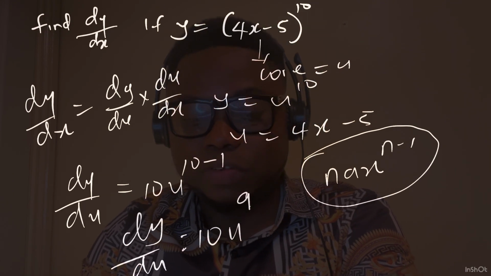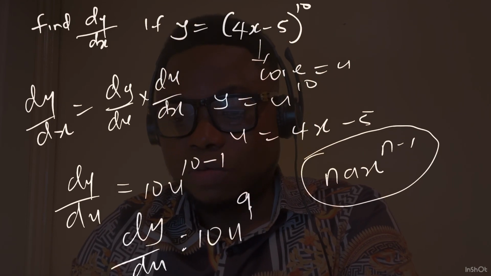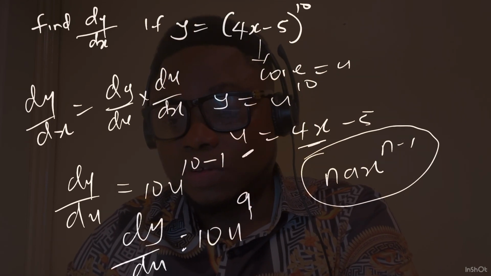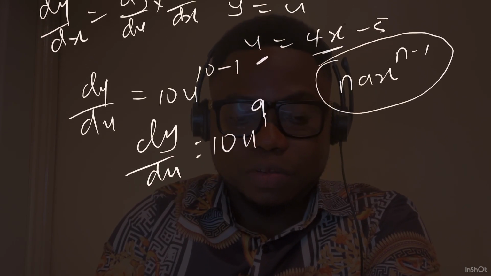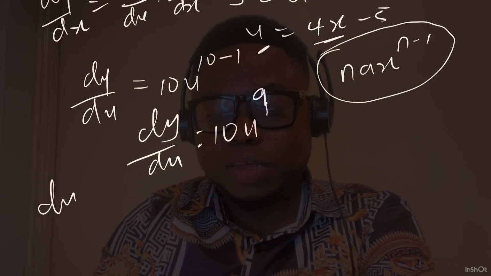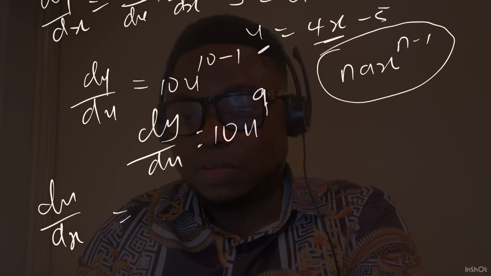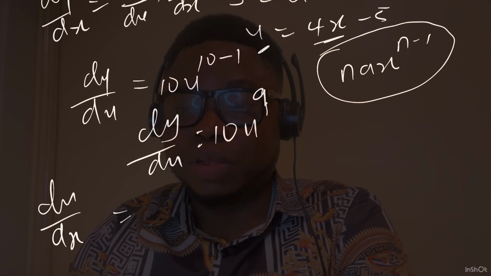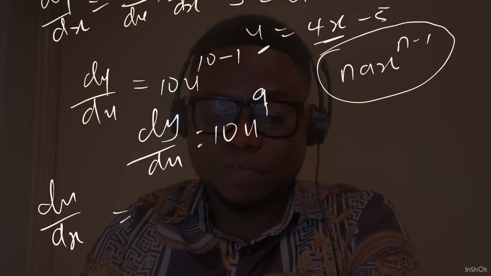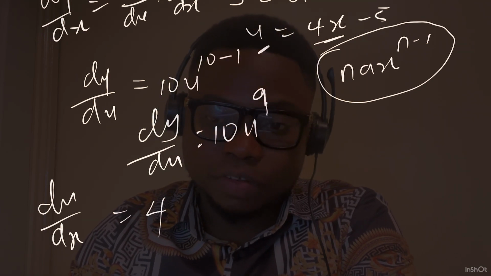So that's the first thing to do. Now I'm going to differentiate u with respect to x. So that is going to give me du over dx. Using this formula, n a x raised to the power of n minus 1, to differentiate 4x will give me 4, because the power of the variable x here is 1.